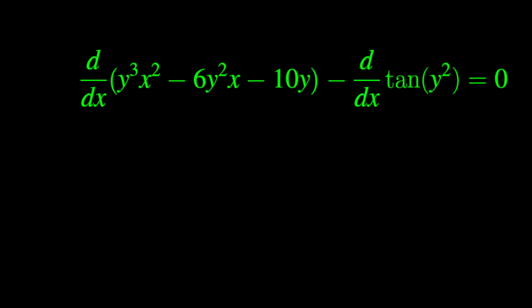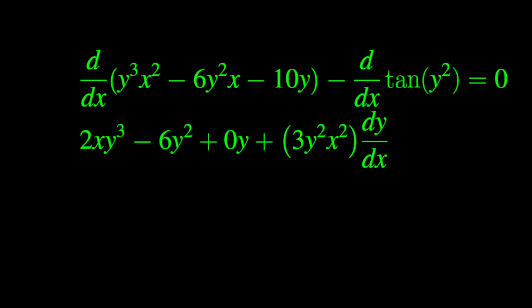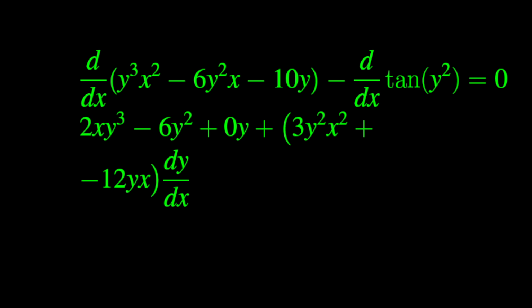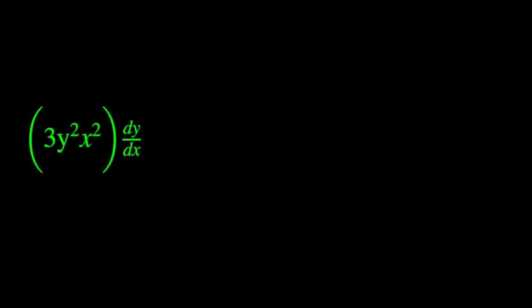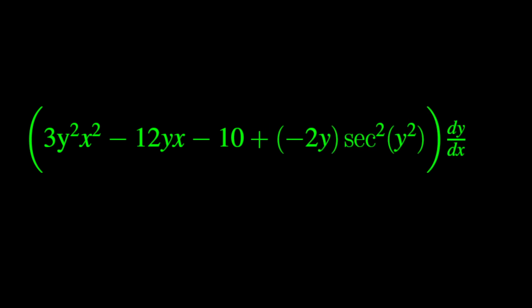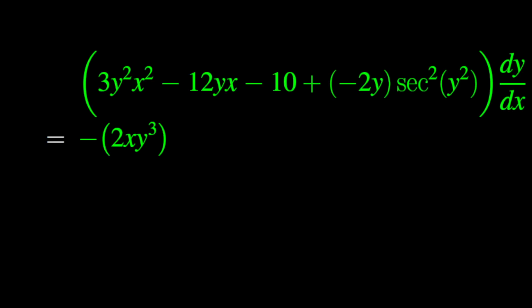As a matter of fact, the differential equation d over dx of y cubed x squared minus 6y squared x minus 10y minus d over dx of tangent of y squared equals 0 is equivalent to 2xy cubed minus 6y squared plus 0y plus 3y squared x squared plus minus 12yx minus 10 times dy over dx minus 2y times secant squared of y squared times dy over dx equals 0, which is also equivalent to 3y squared x squared minus 12yx minus 10 plus minus 2y times secant squared of y squared times dy over dx, which is equal to negative the quantity 2xy cubed minus 6y squared plus 0y.